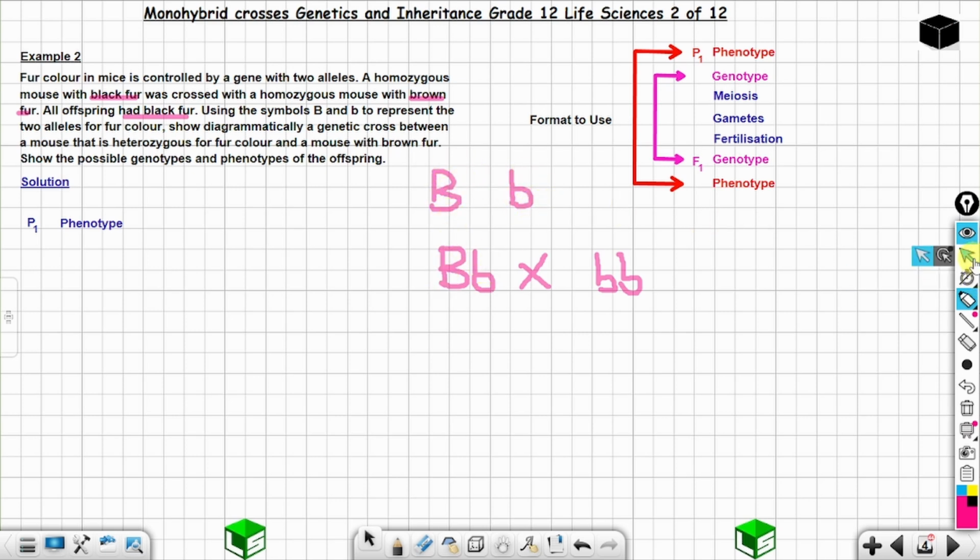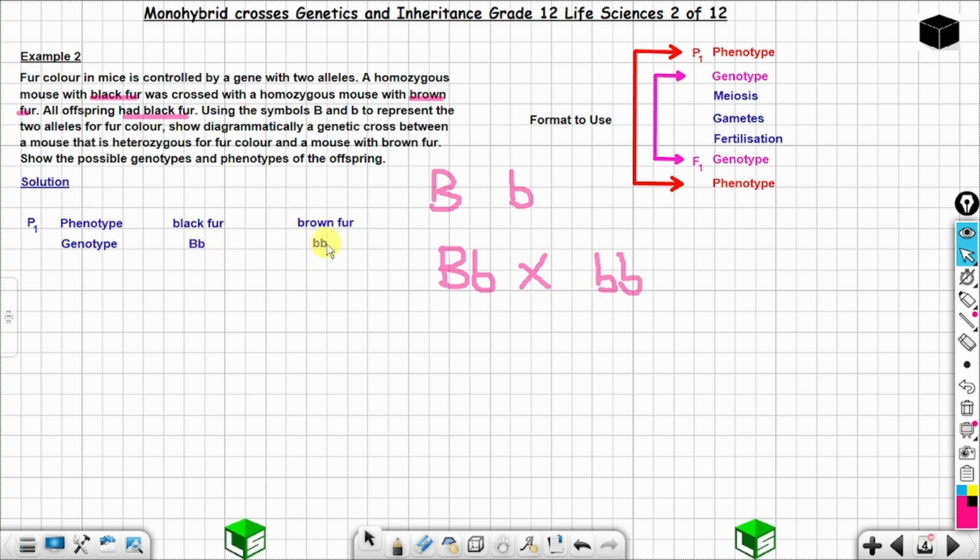So when you carry on with the phenotype, you are crossing a heterozygous, black fur mouse with a brown fur mouse. Okay, you can have a cross there. Now you are going to have the genotype. So this is the genotype for this mouse and for this mouse.